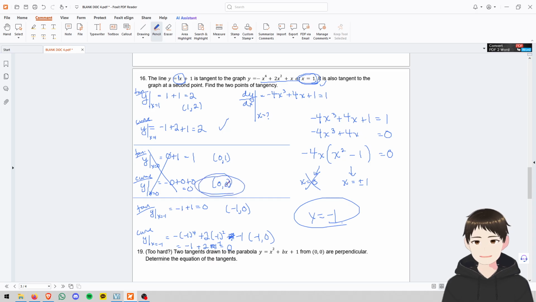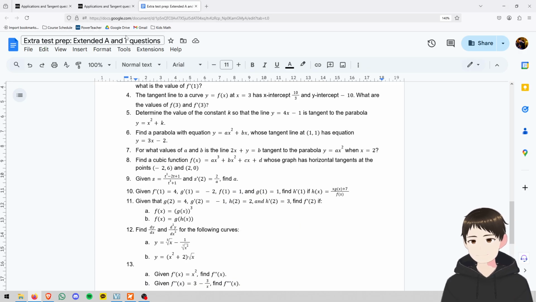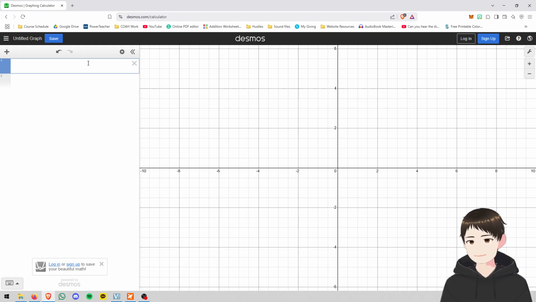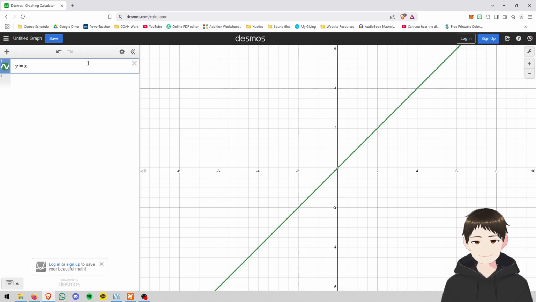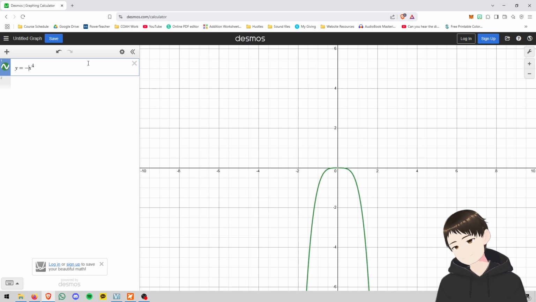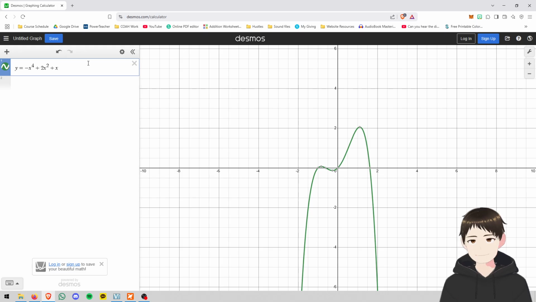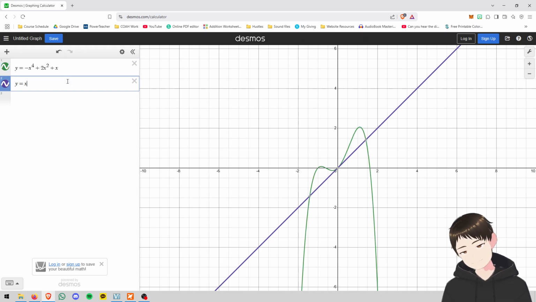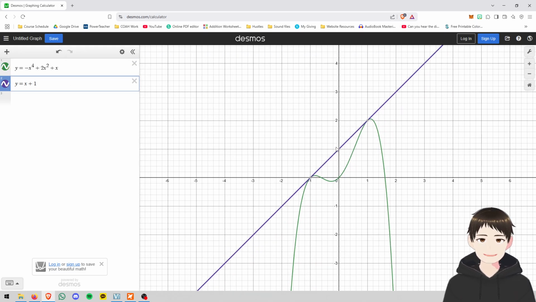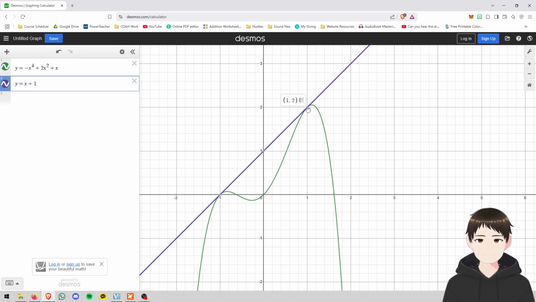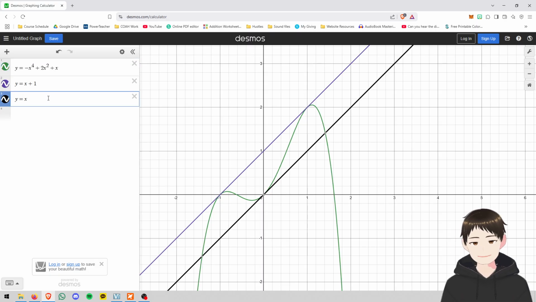Why does 0, 0 pop up? Let's go to Desmos. On Desmos, we've got y equals x to the power of 4 negative plus 2x to the power of 2 plus x. Okay, and here's the tangent. The tangent is at 1, 2 and at -1, 0. The reason why it shows up at 0, 0 is because, look at the slope.